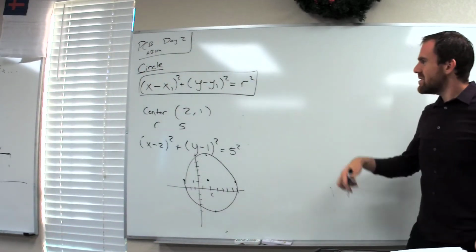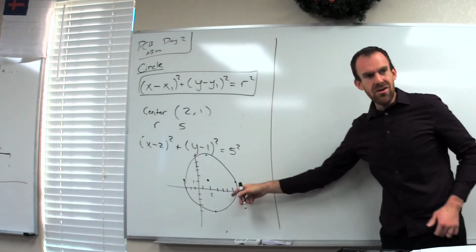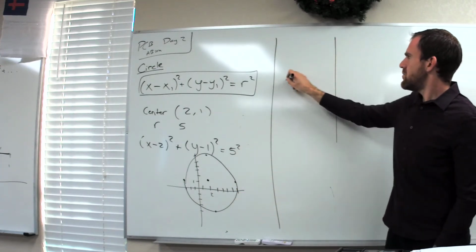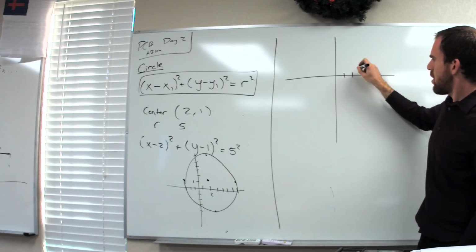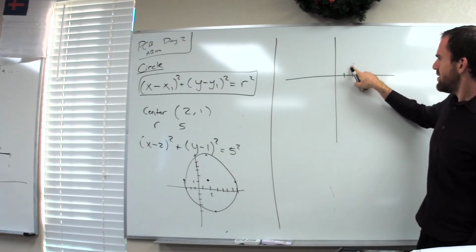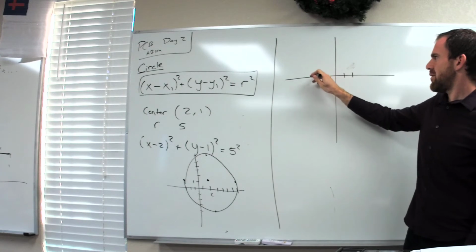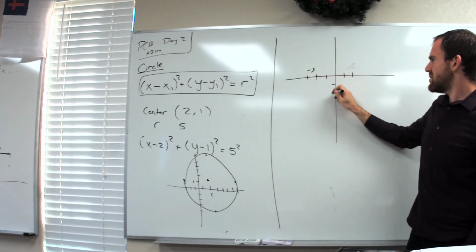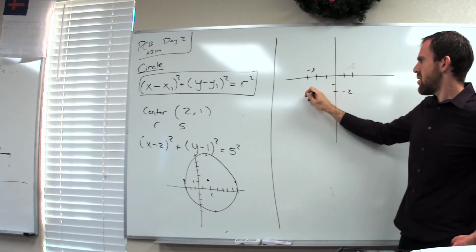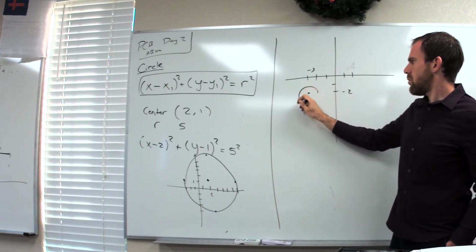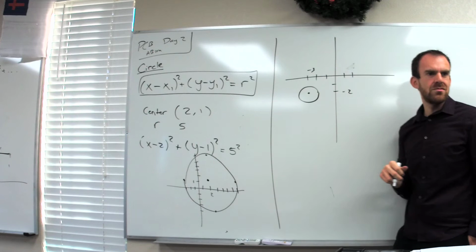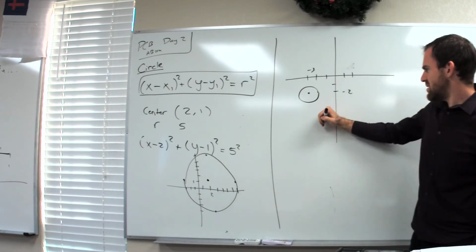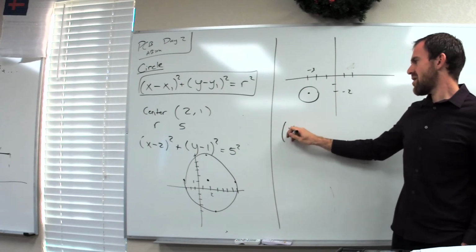Okay. So, conversely, they could give you the circle and then ask you for the equation of it. I'll do the same one. That's -3. Let's go down 2. Okay, what's the equation of that circle? Well, we know that our equation is always going to look like this.